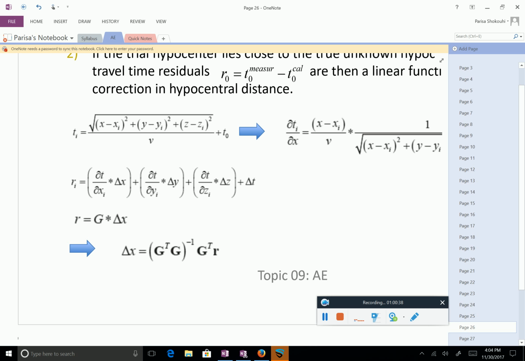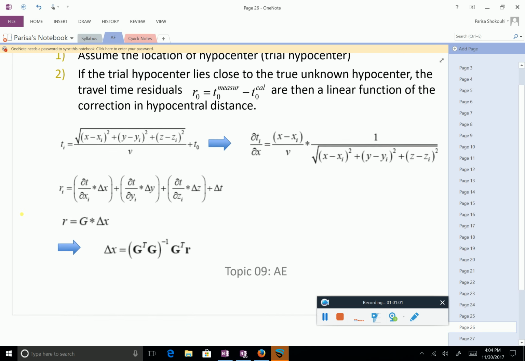This is faster, but not as accurate because of that particular requirement that your assumptions have to be close to where the hypocenter is for this linearized version to be valid. But it's the more commonly used method in practice.